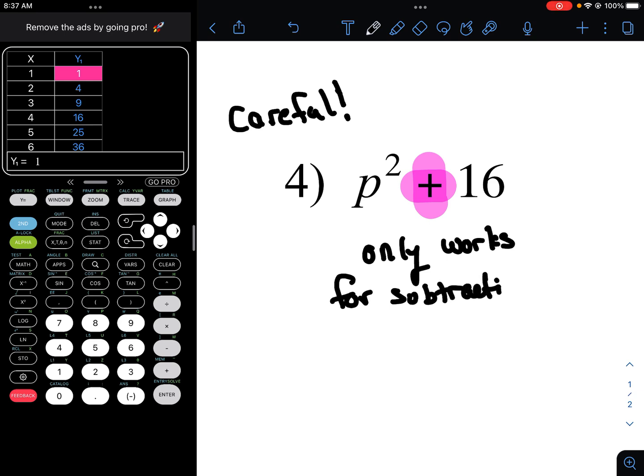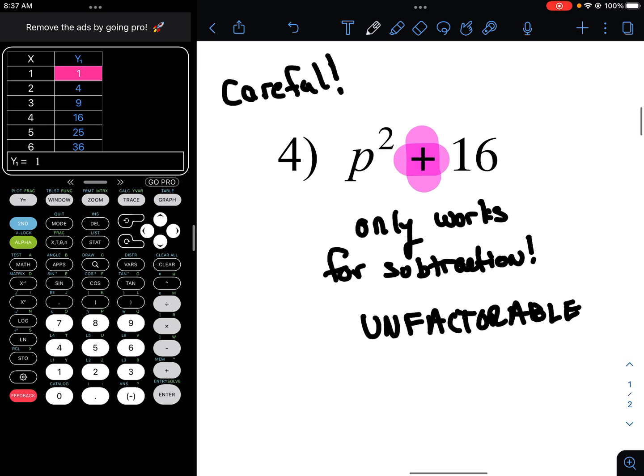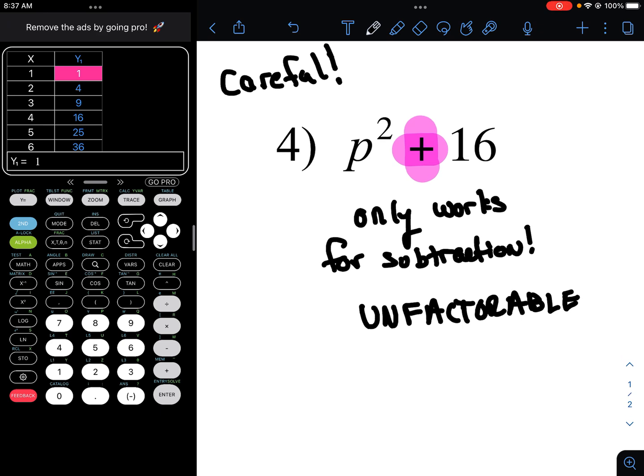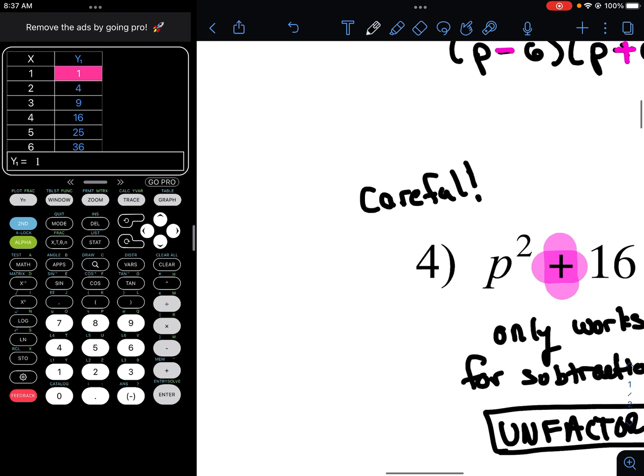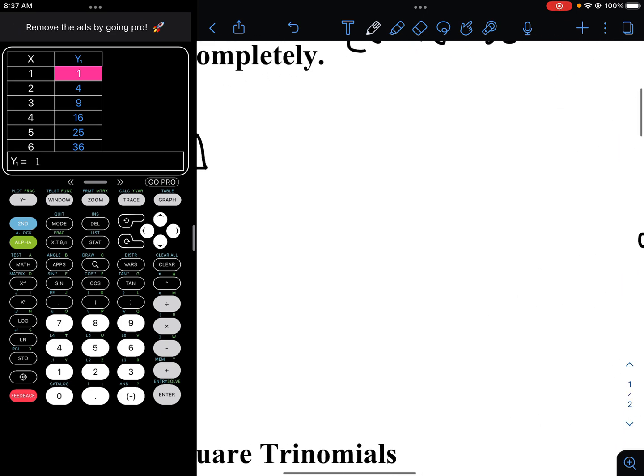So this example is actually unfactorable. I am going to warn you, there are some questions in the practice that are plus, and typically that's a common mistake as students see the square and just want to break it up. So you actually just write unfactorable for that particular case. Only works for minus, only minus.